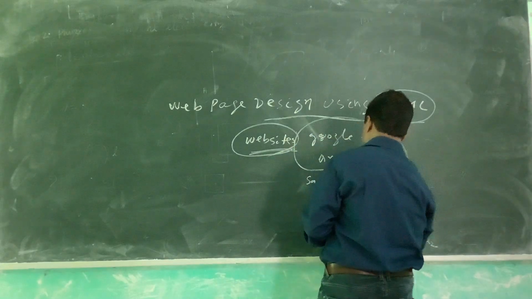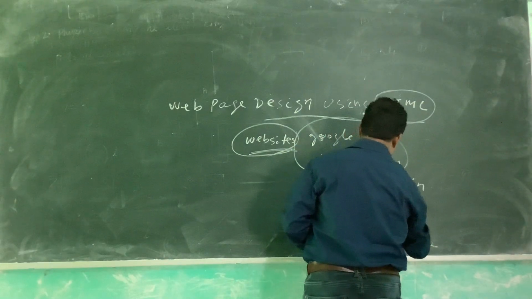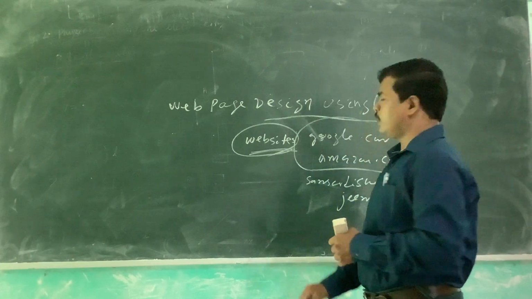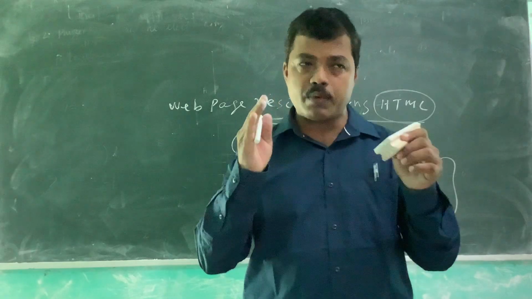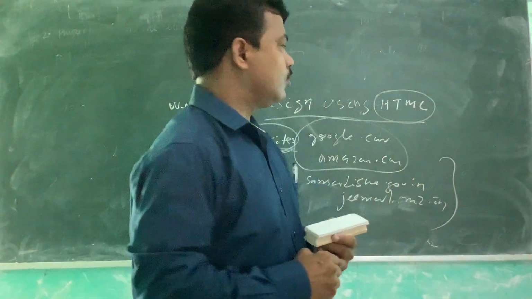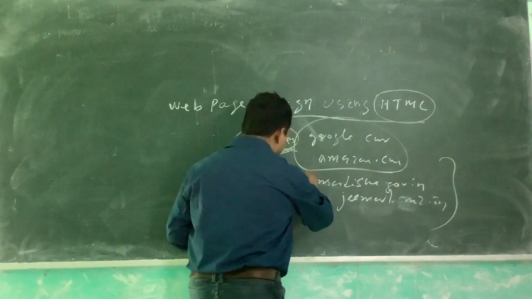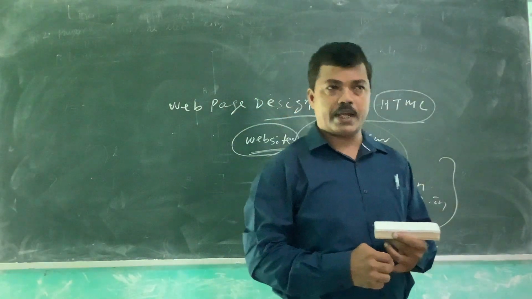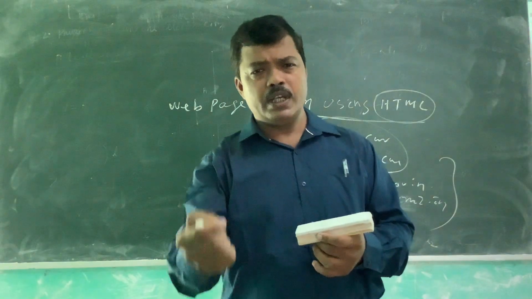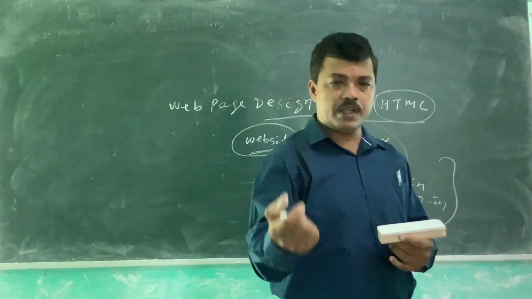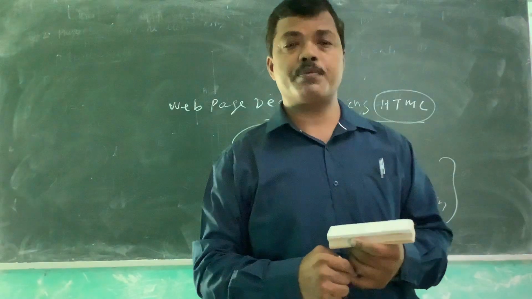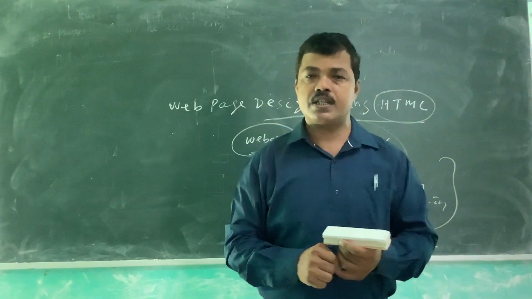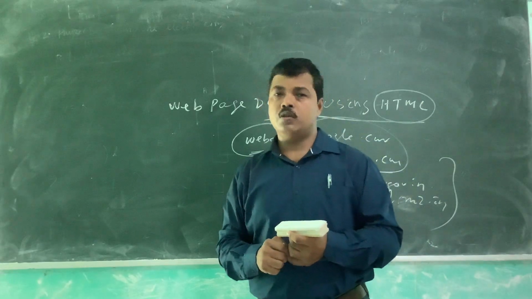Take these websites, samsodisha.gov.in, jman.nic.in. These are the names of websites or names of domains which are unique to each other, and each website is hosted or published in one or more web servers.